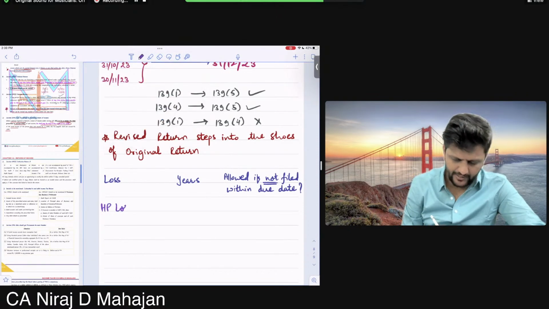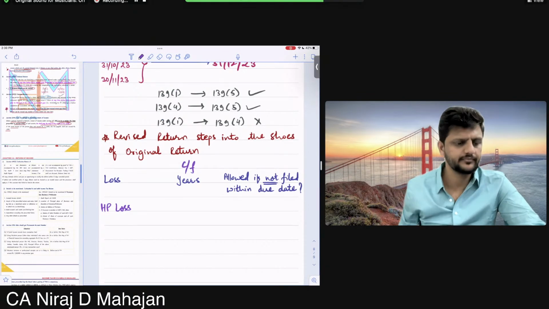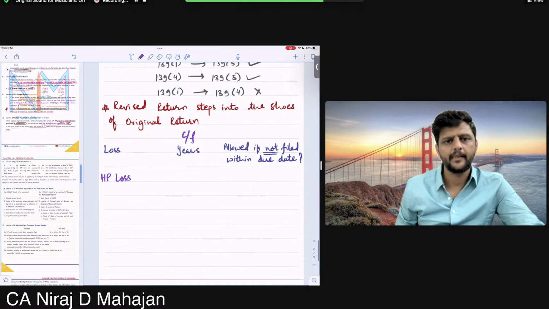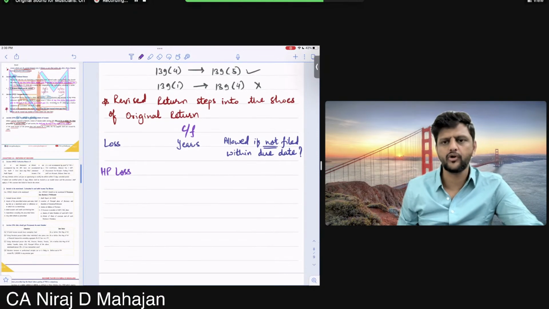HP loss, बच्चों, can be carried forward for how many years? Tell me all of you. HP loss can be carried forward for how many years?